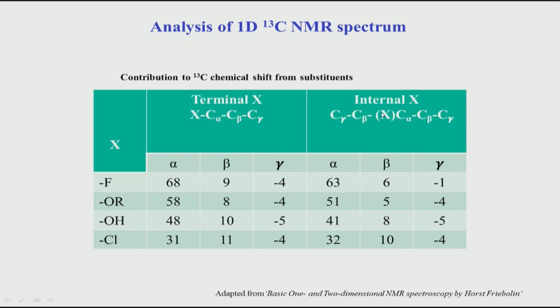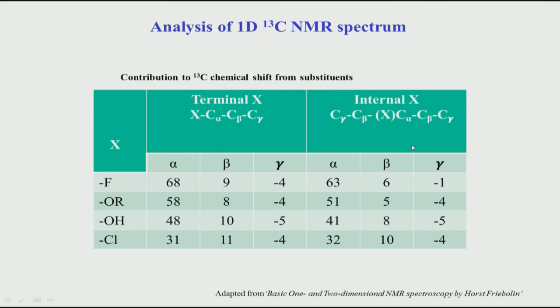Similarly, you may have a functional group in the middle of the molecule, not at the terminus. In case it is in the center or somewhere in the middle, look at the position and then add these values. For example, let us say you have a branched molecule and there is a fluorine here. What is the effect of that fluorine on C beta?